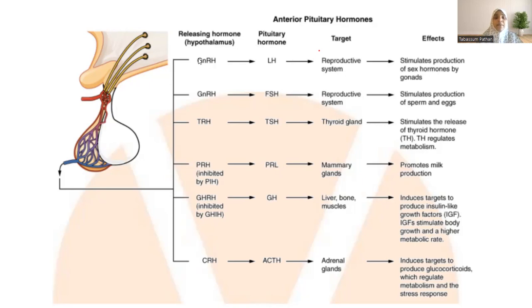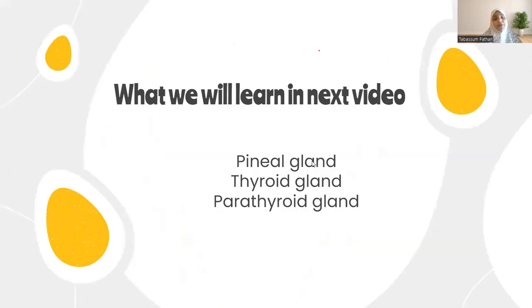For example, gonadotropin releasing hormone causes the pituitary gland to produce luteinizing hormone and follicle stimulating hormone. They cause the target organ to carry out these functions, like production of the sex hormones testosterone, estrogen, progesterone, development of the sperms, development of the eggs, and all that. So you need to memorize all this. That's all with respect to the hormones secreted by the pituitary gland.